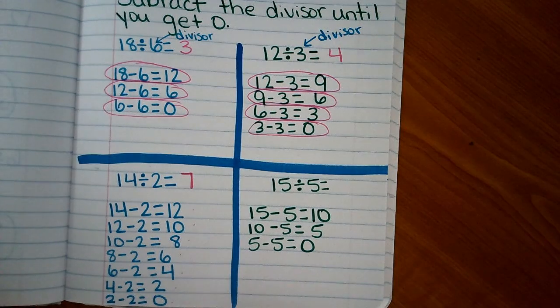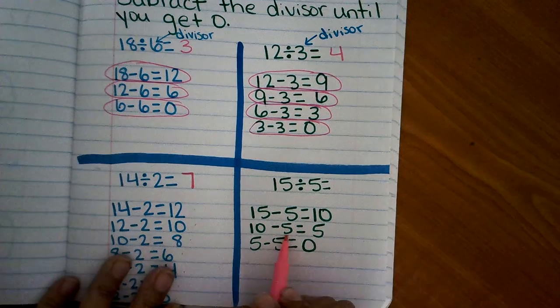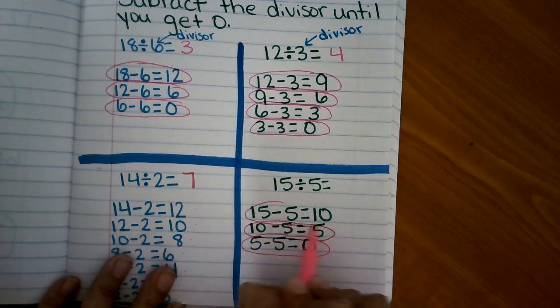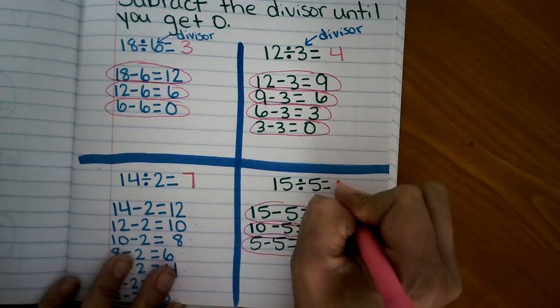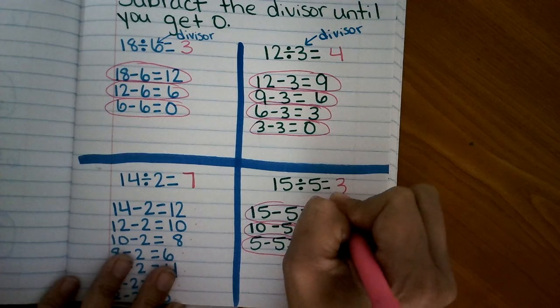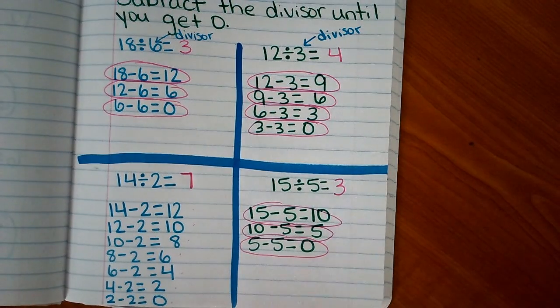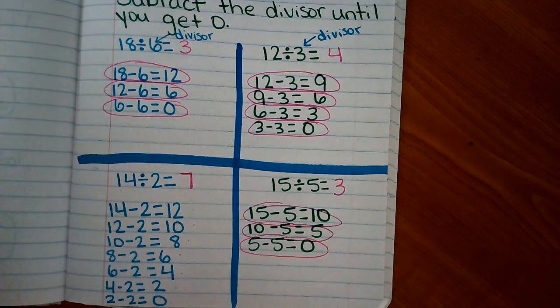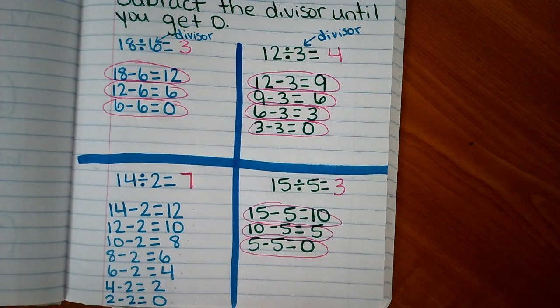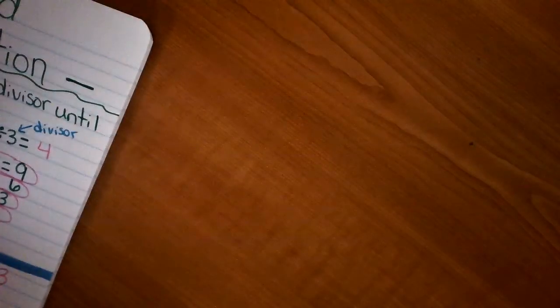Go back and count and see how many times you subtracted. 1, 2, 3. 15 divided by 5 is 3. And that is repeated subtraction. So when you are working in your math book, I want you to practice solving using this strategy.